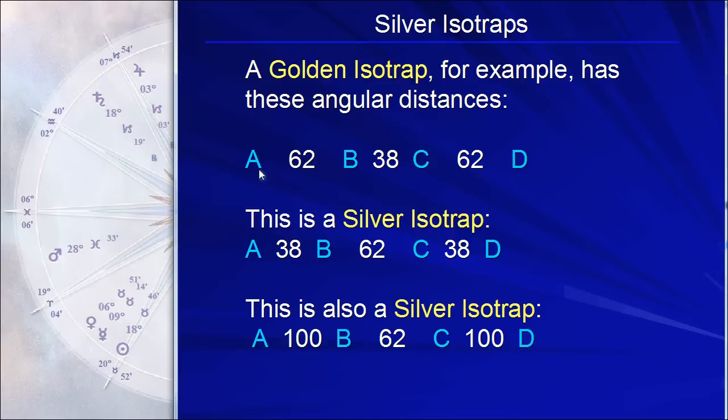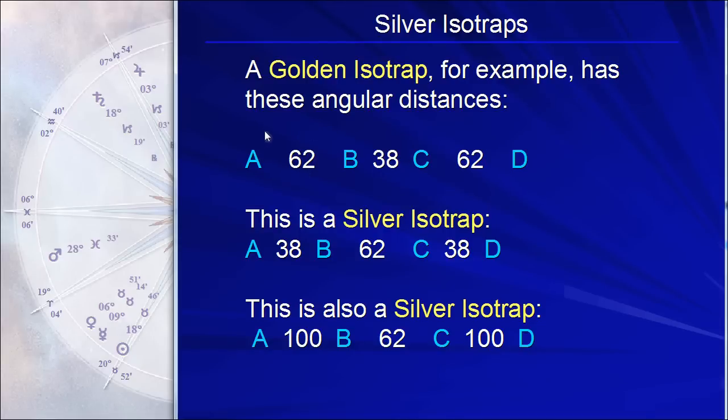So remember that a golden mean, there are 2 golden means. There are 2 golden means between any 2 planets. So between A and C, there are 2 golden means. And in this case, I have 100 degrees. 62 means 62 degrees. 38 means 38 degrees. 62 plus 38 is 100.